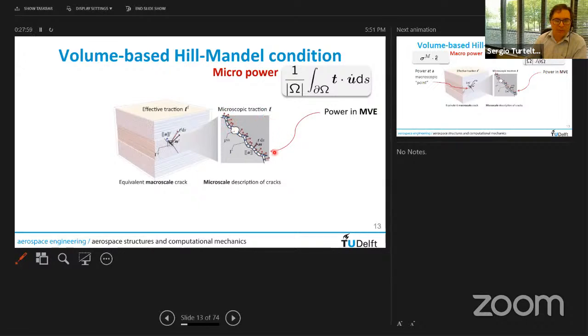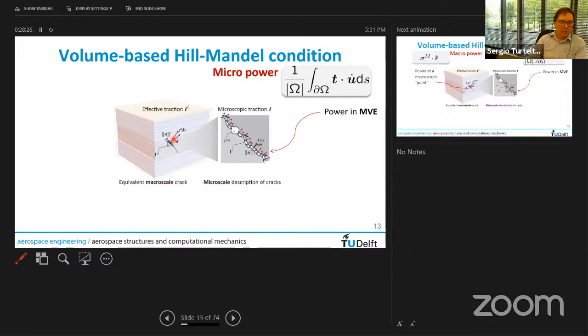And we have a so-called microscale, or microscopic, volume element. Inside this microscopic volume element we may have a crack. That crack is called here gamma, and the border of this domain is called del omega. And this would be the microscale description of the crack.